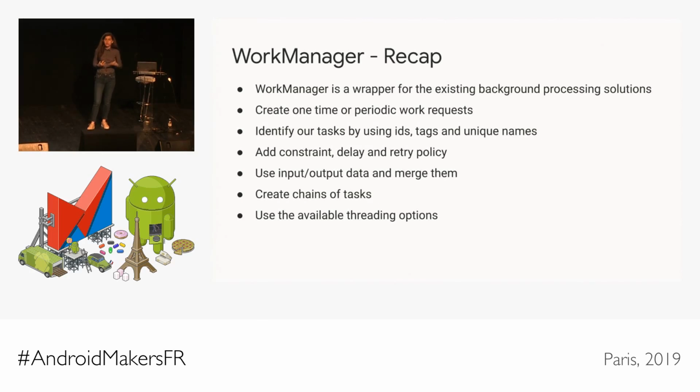We are also able to define constraints for when our task should run. We are able to delay the task or to define a retry policy. We can also use input and output data and merge them, and we saw that we have two possibilities right now. And we are also able to use the existing threading options.